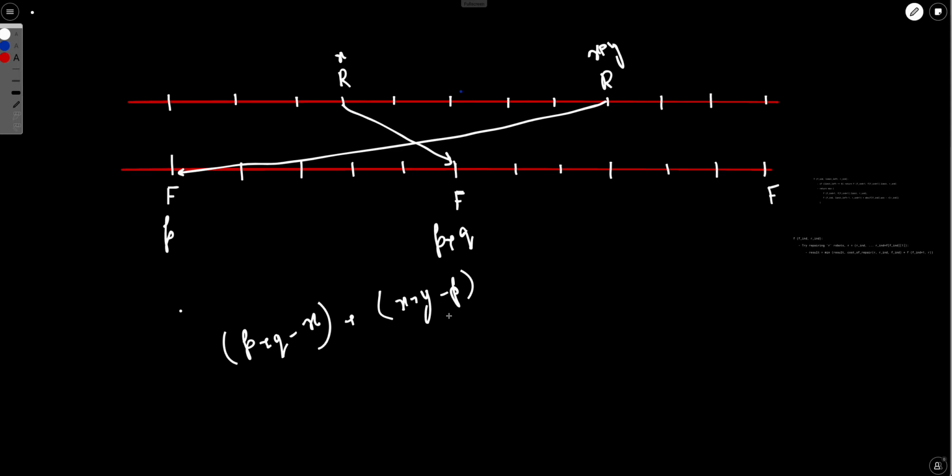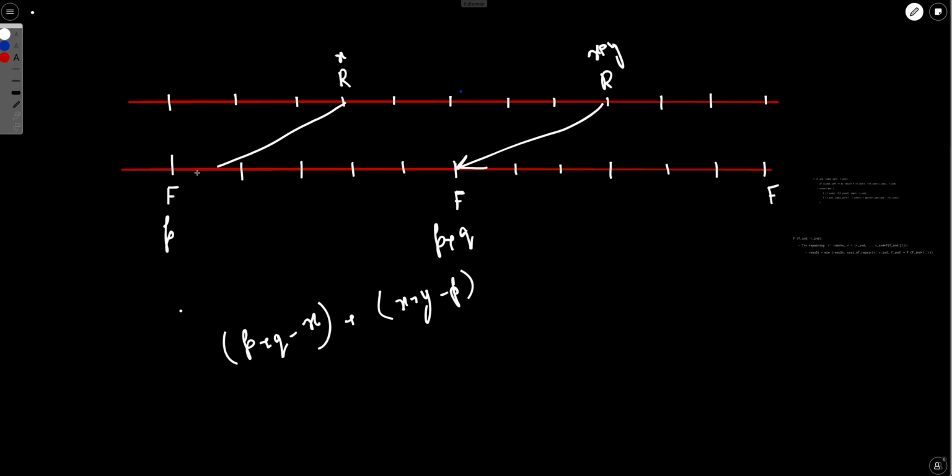So instead, it is always better that you make this assignment instead. If you make this assignment instead, you will be getting x minus p plus x plus y minus p plus q, minus p minus q, right? And this, if you find out, is actually smaller than this.